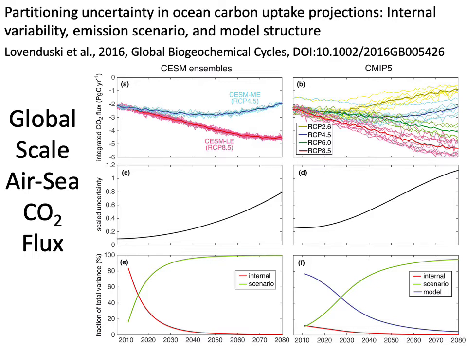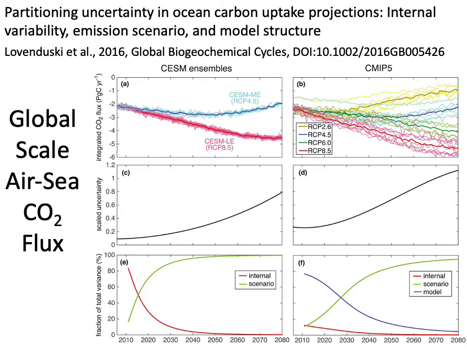So as you can see, on the left, the uncertainty starts off quite large, as the red line in panel E, but quickly diminishes over the decades as the scenario uncertainty becomes dominant.